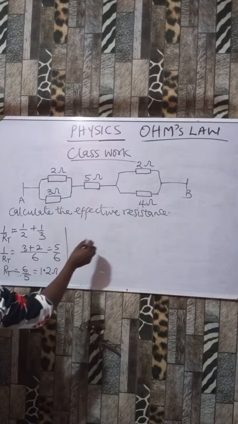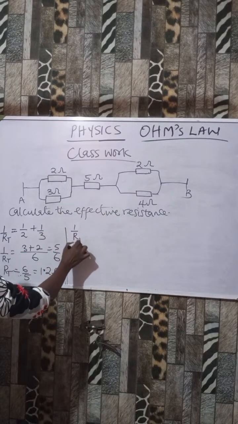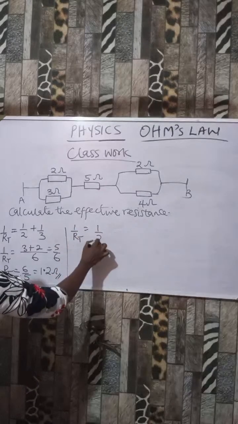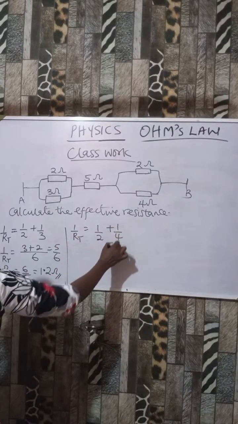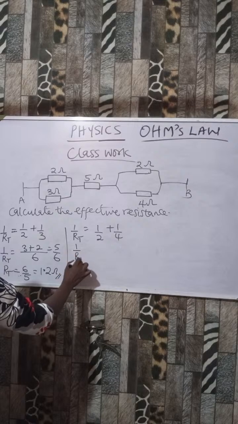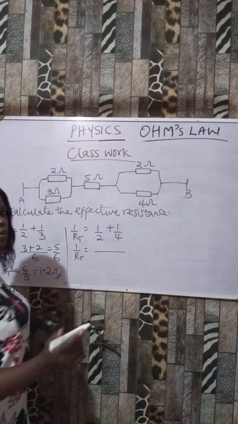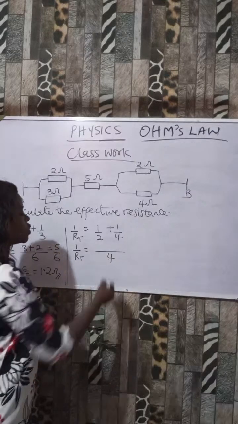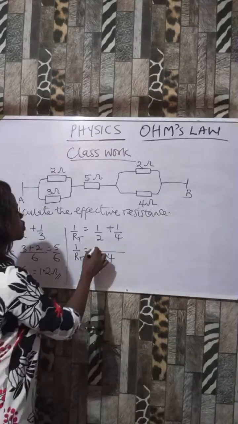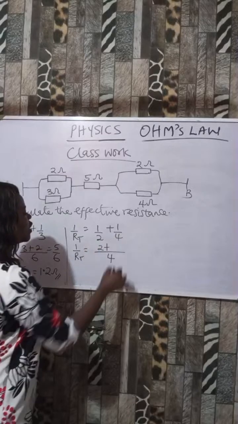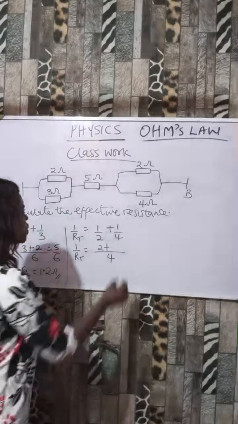Let's leave this one and solve this other one. 1 over R total is equal to 1 over 2 plus 1 over 4, right? What's the LCM? My LCM is going to be 4. 2 into 4 is 2, plus 4 into itself is 1. 1 times 1 is 1.